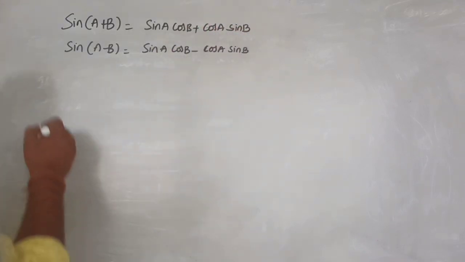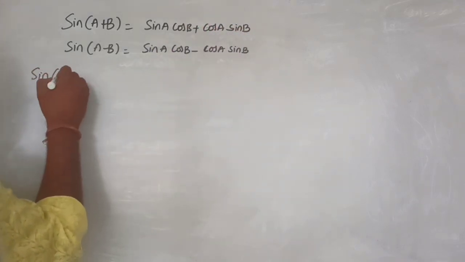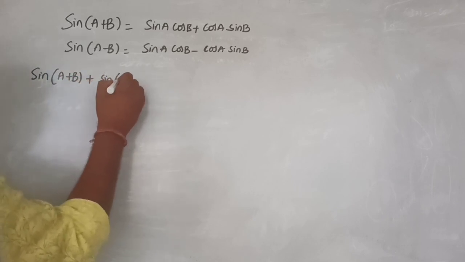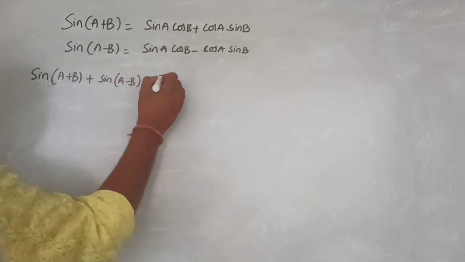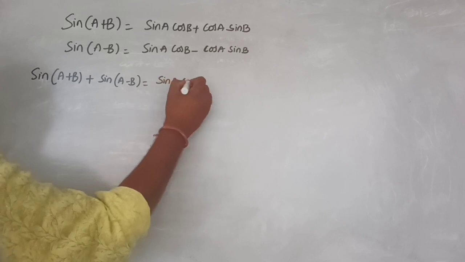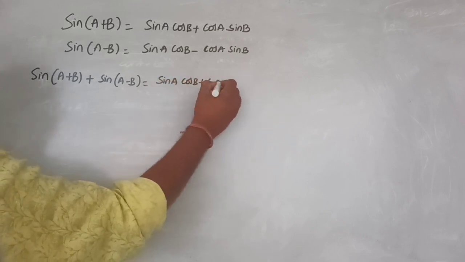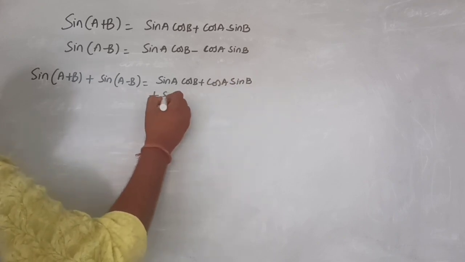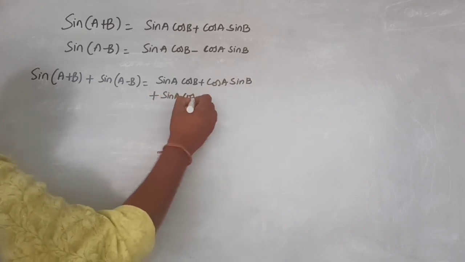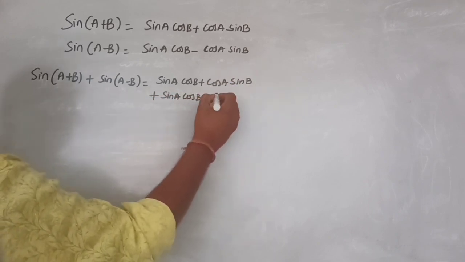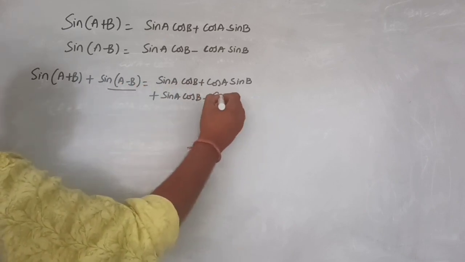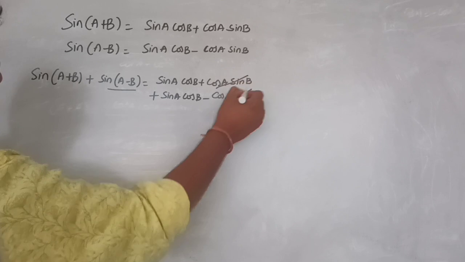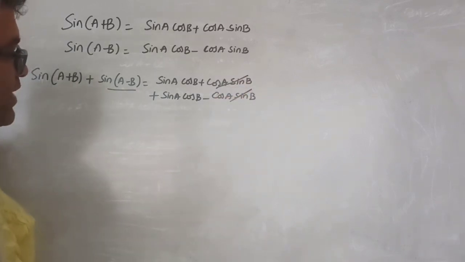So here sin of a plus b plus sin of a minus b is equal to sin a cos b plus cos a sin b plus sin a cos b minus cos a sin b. So plus cos a sin b and minus cos a sin b cancel.